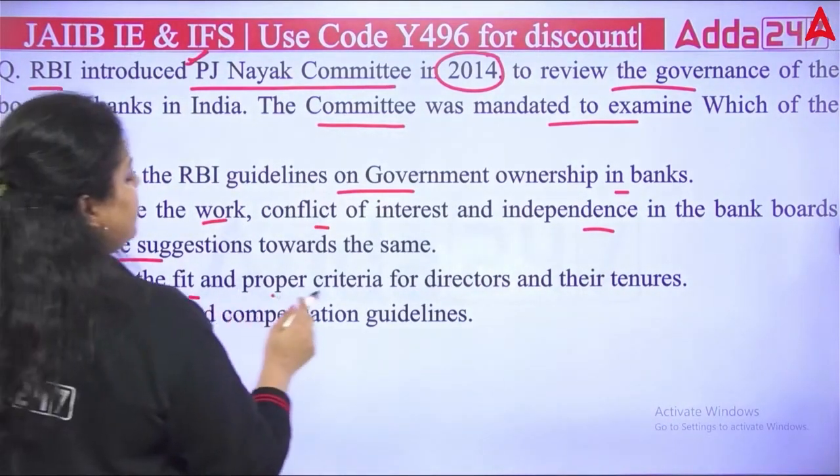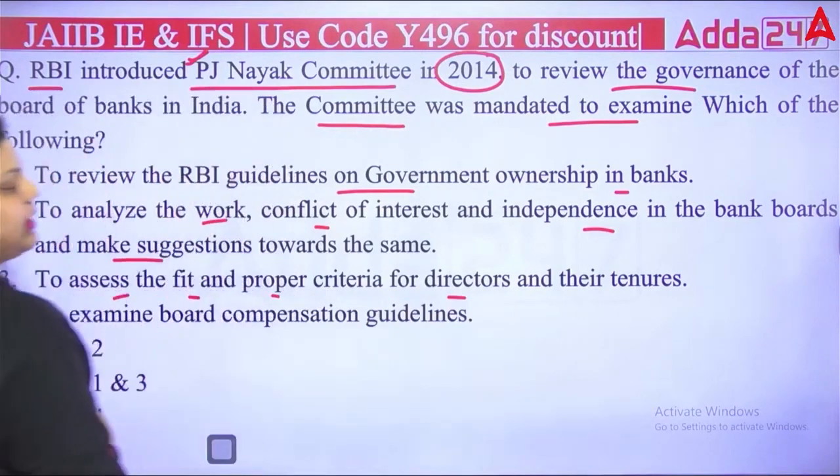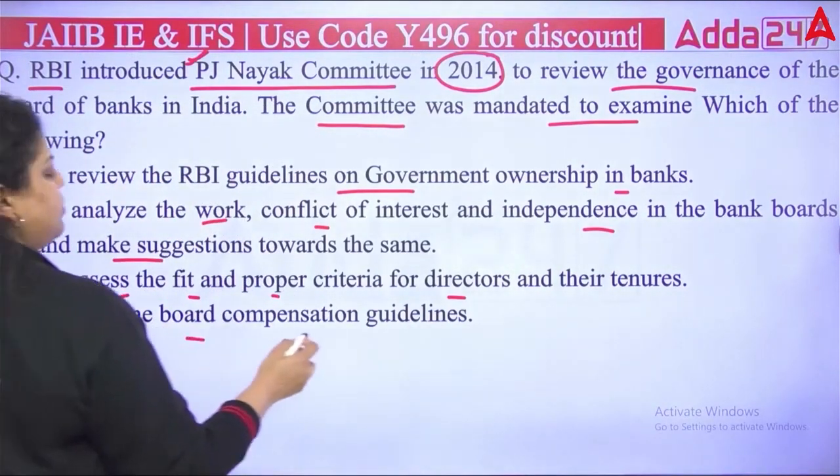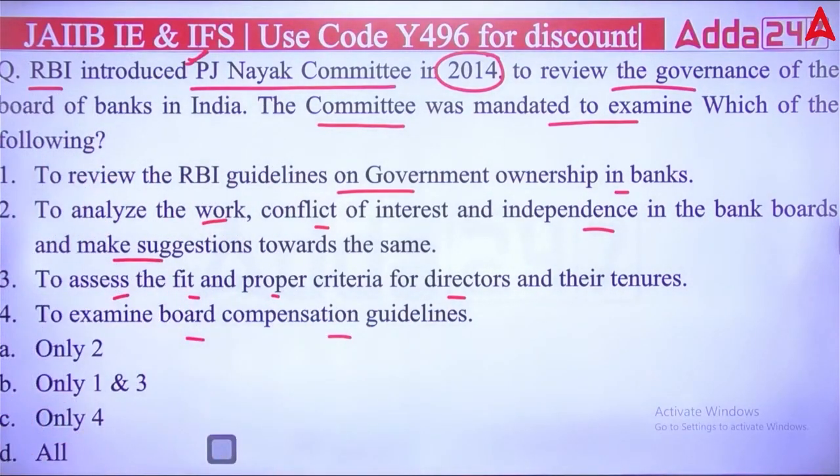Third, to assess fit and proper criteria for directors and their tenures, to examine board compensation guidelines. And the right answer is, very good, Amina ma'am has said all, that is D, very good.